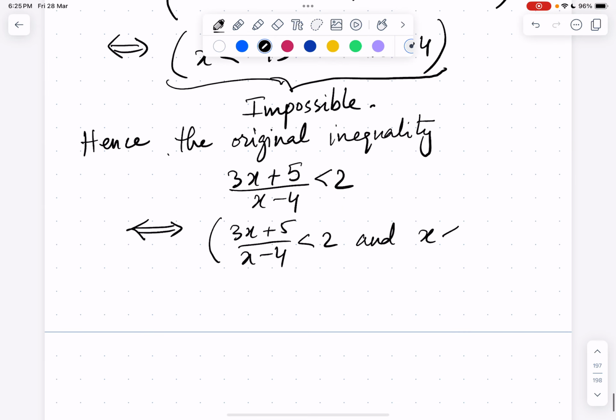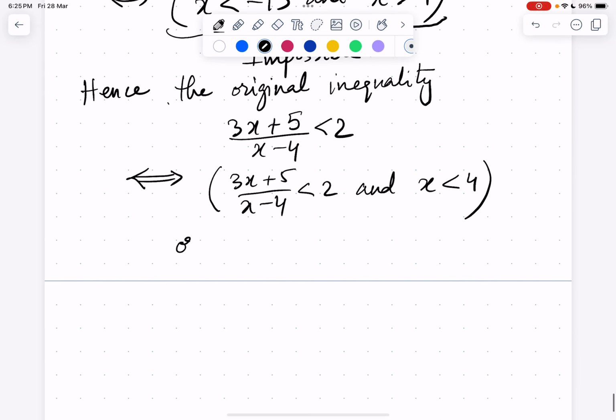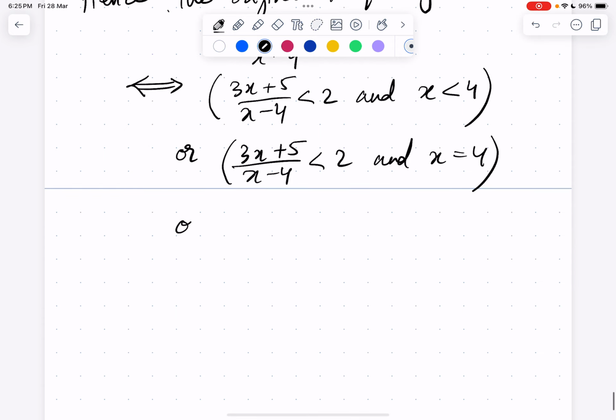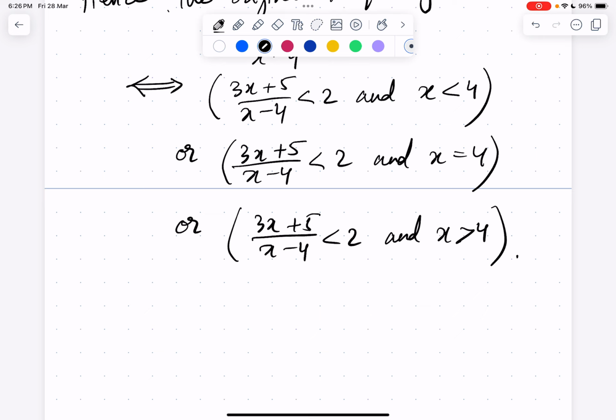We begin with less than 4. Or (3x plus 5) by (x minus 4) is less than 2 and x is equal to 4. Or (3x plus 5) by (x minus 4) is less than 2 and x is greater than 4. So exactly one of these three cases will hold, but this is impossible.